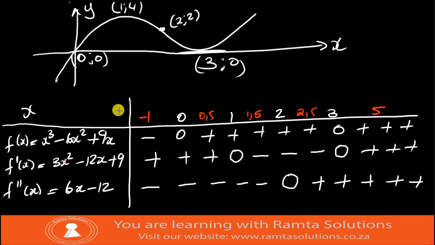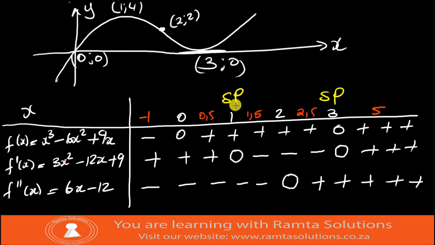I want you to see for the first derivative, where there is a stationary point, I'm going to write SP. Where there's a stationary point, can you see that our derivative is 0?